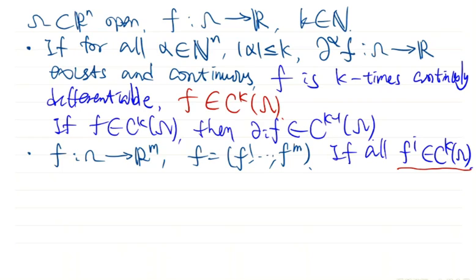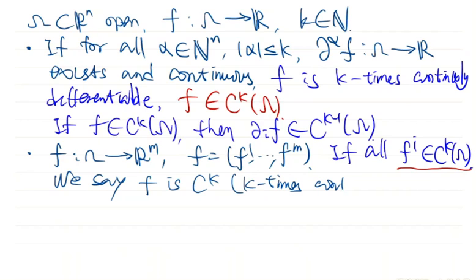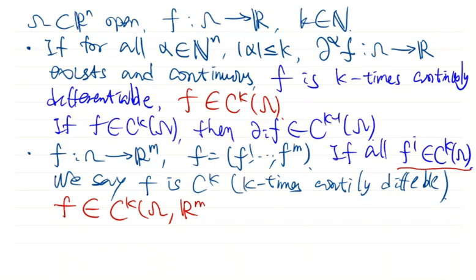Okay, then we say that f is C^k. This vector valued function is C^k, which means it is k times continuously differentiable. Okay, f is C^k, and in notation we denote f belongs to C^k of omega, Rm.